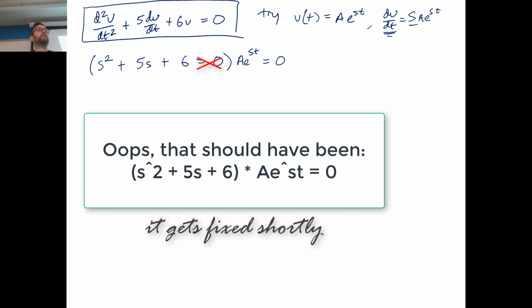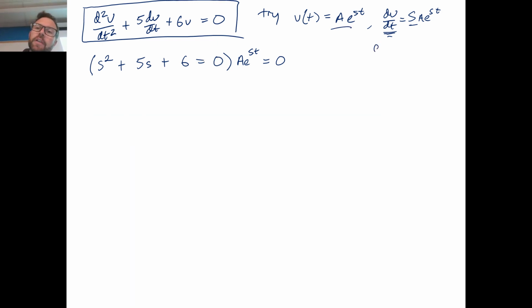We've basically rewritten the formula with these s multipliers as derivative operators. So just to make sure that it's clear, that second derivative d2v/dt2 would be s times s A e to the st, or an s squared, right? So we see that every multiplication by s is equal to another derivative in time.